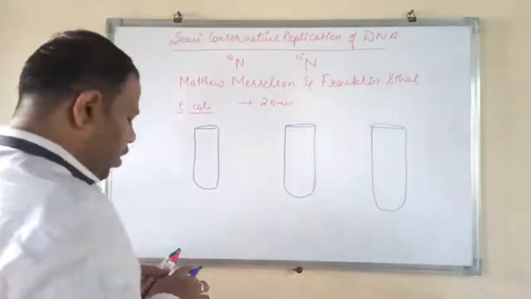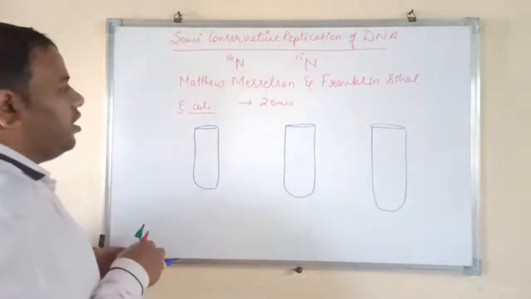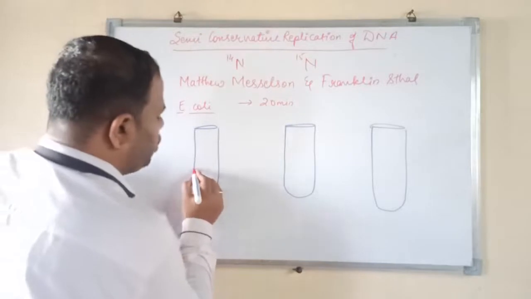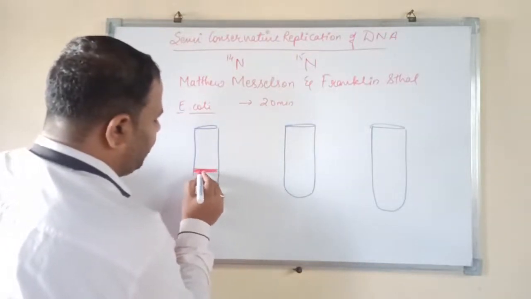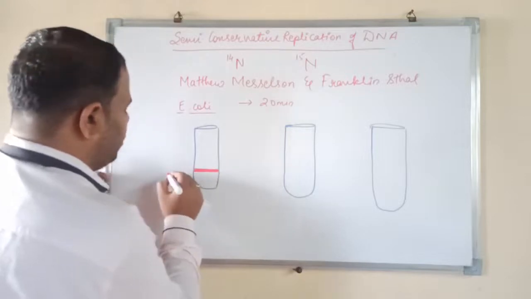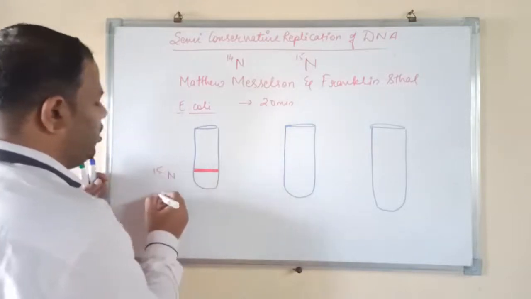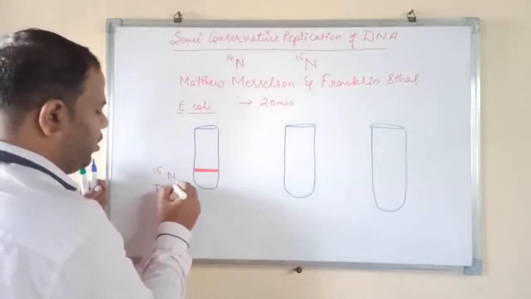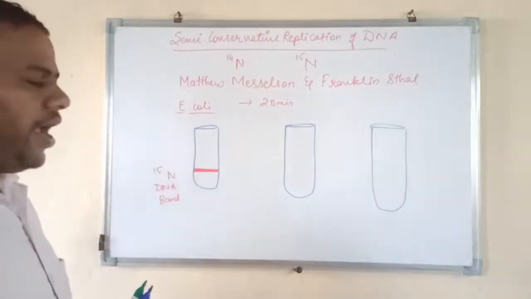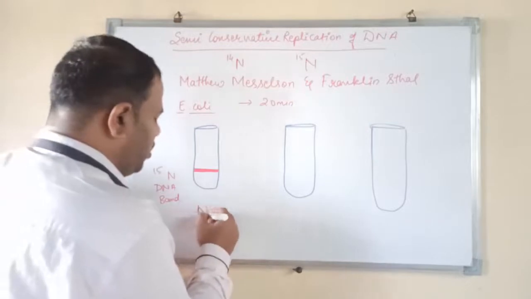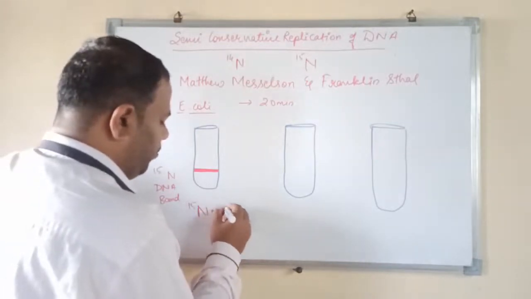The heavy N15 nitrogen was forming a band at this point in the centrifuge tube. This is the N15 DNA band, and it was considered a heavy band because all the cells were grown on N15 medium.